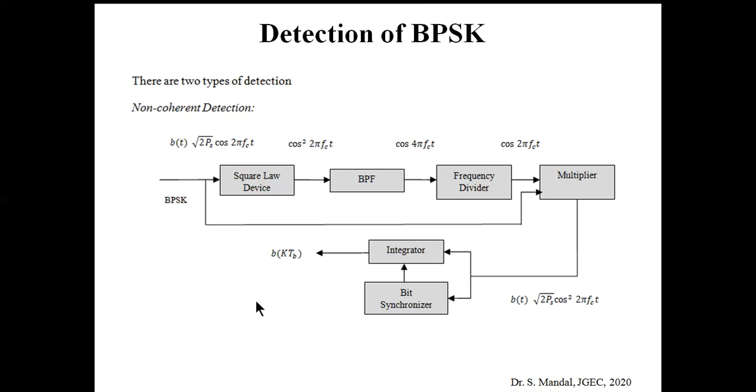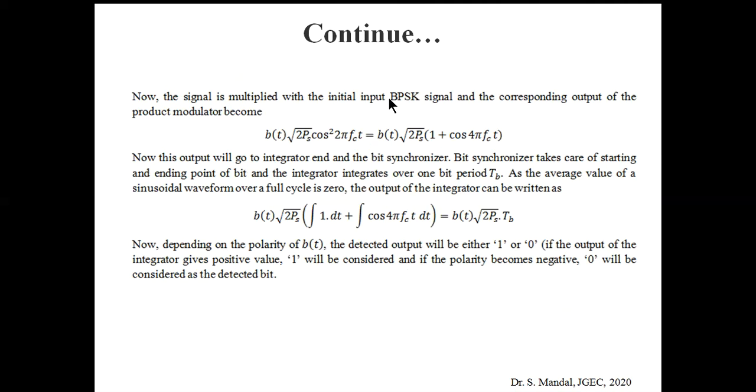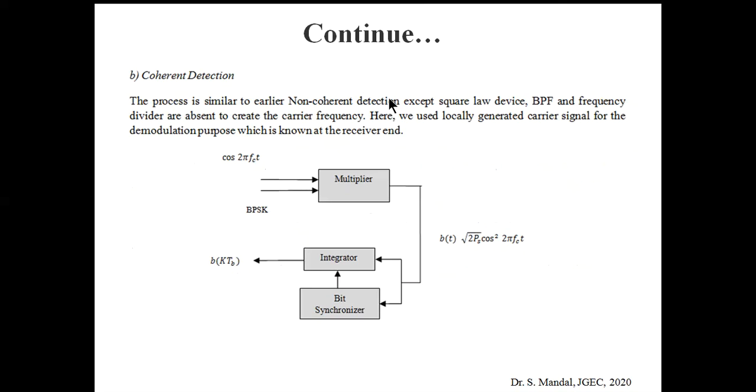So this is the basic operation of non-coherent detection, where we don't use any locally generated carrier, but we initially extract the carrier signal by using square law device, band pass filter, and frequency divider. After that we multiply that extracted carrier signal with the original BPSK, and after passing through an integrator we get the ultimate output. So this is the operation of non-coherent detection for BPSK.